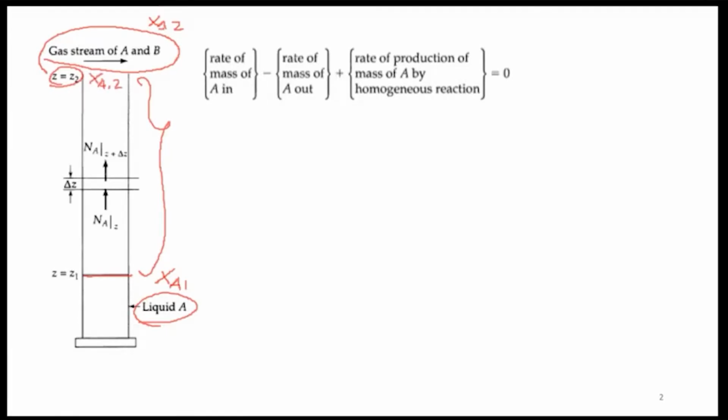We can also assume that gas A and B are ideal, so the entire system is kept at constant temperature and constant pressure. Now our task is to determine the mole fraction profile of gas A between Z2 and Z1. What is the XA profile?